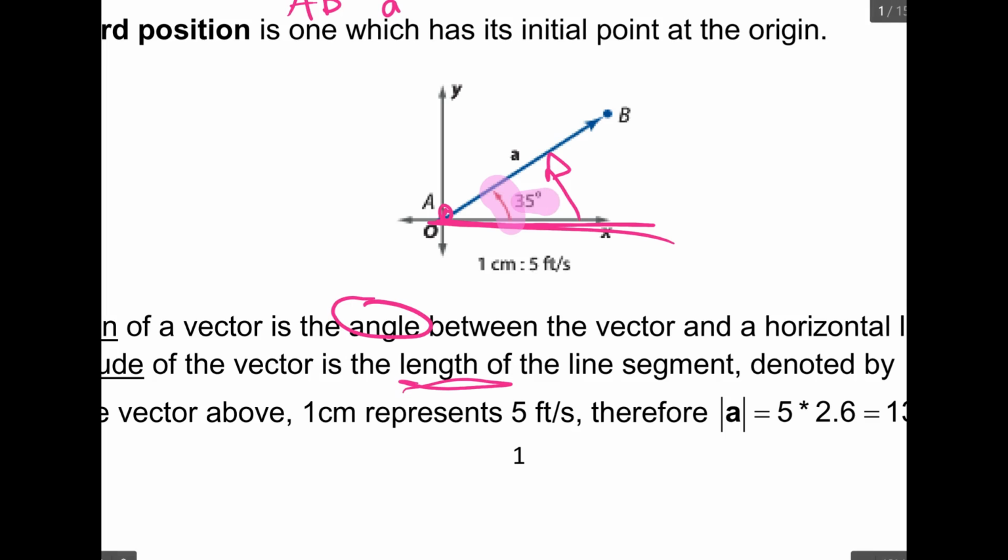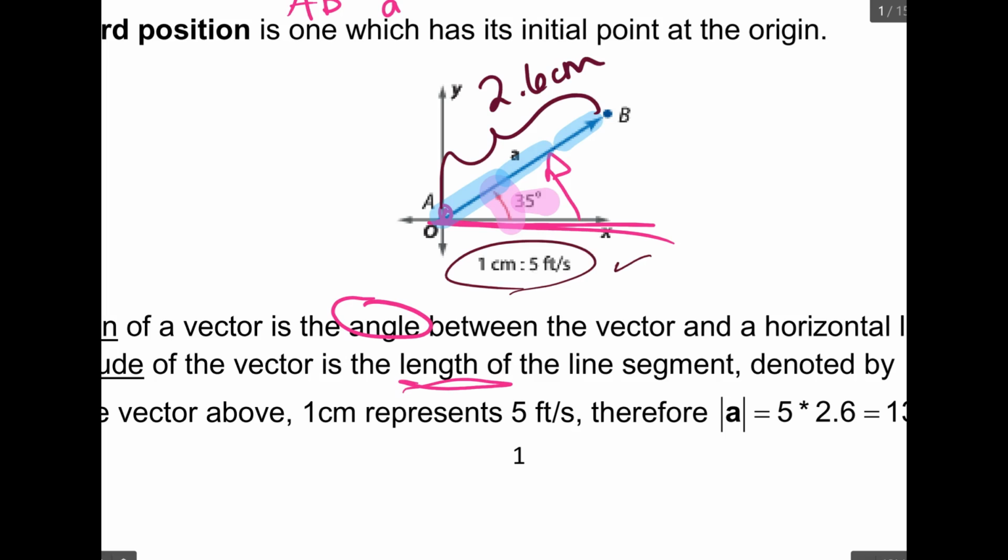And for this length, I know 1 centimeter is 5 feet per second. If I measure how many centimeters it is here, it's about 2.6 centimeters. I measured it out, because I knew the scale. So for the vector above, 1 centimeter represents 5 feet per second.